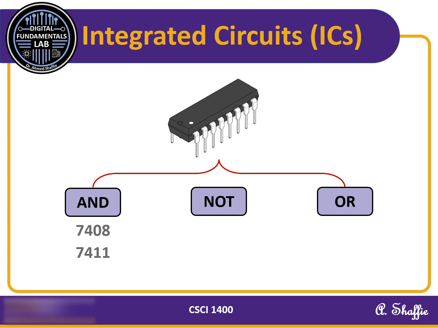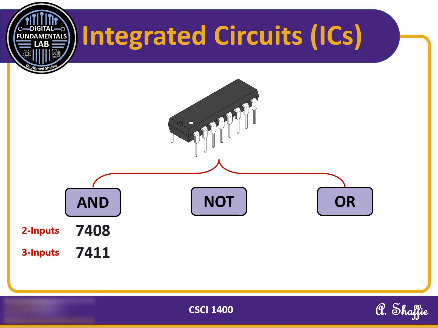We have two ICs for AND gates, the 7408 and the 7411. The key difference between these two is that the 7408 contains two input AND gates, while the 7411 contains three input AND gates. This is why we have two different models.